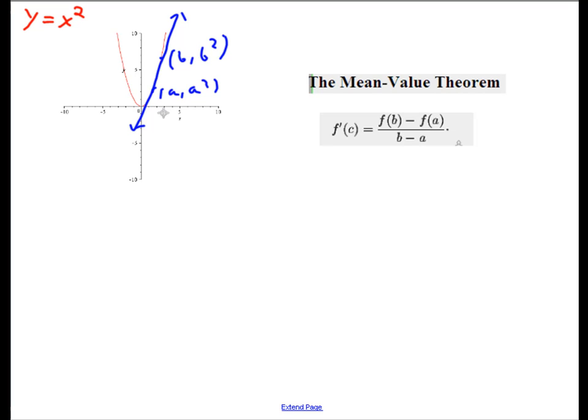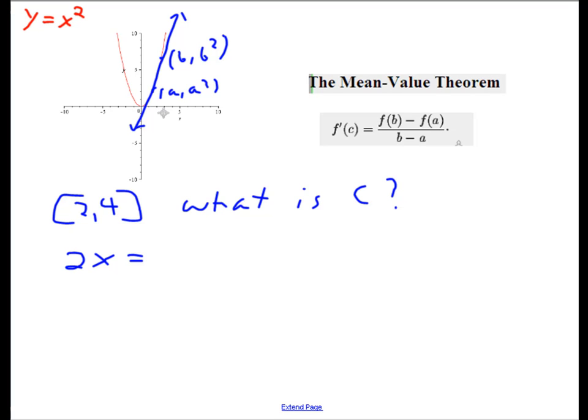So just a basic example here with y equals x squared. We'll work with the interval from 2 to 4, and we want to know what is the value of c. Well, the derivative of x squared is 2x. So f prime of x equals 2x. And that's going to equal f of b.